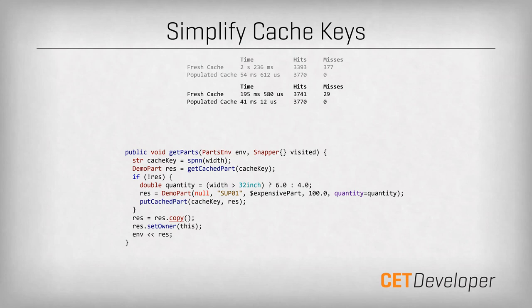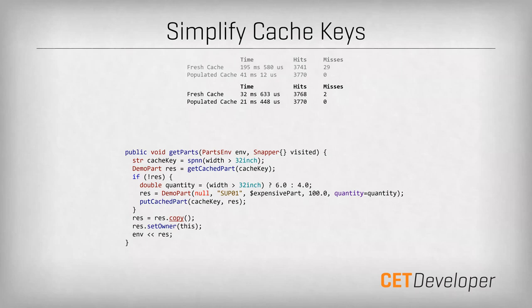So if we update our cache key to instead just ask, is the width over that certain limit or not? Now we get even less variance in our caching keys, and we get way, way more cache hits, saving us even more time. And you can see in the results our time spent in parts improved by another order of magnitude.